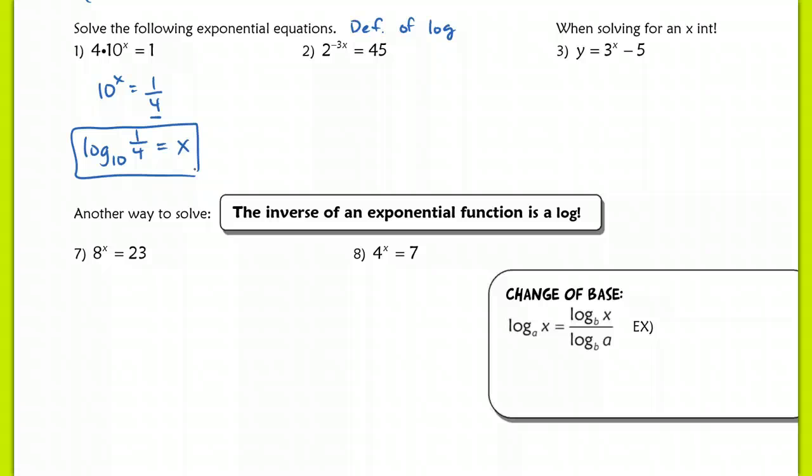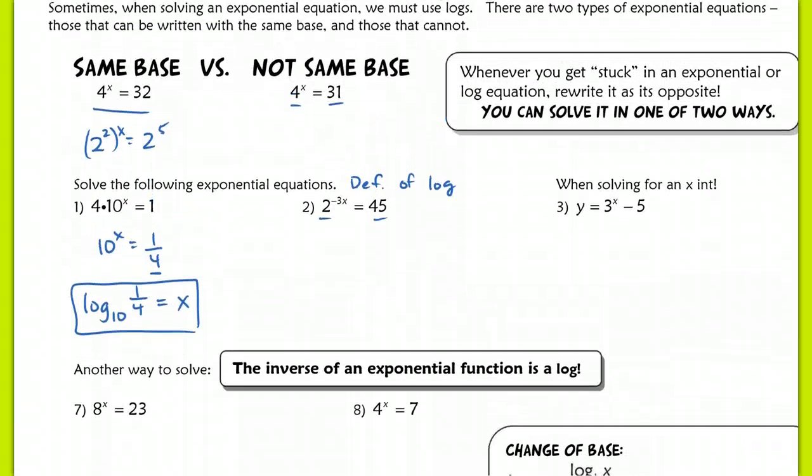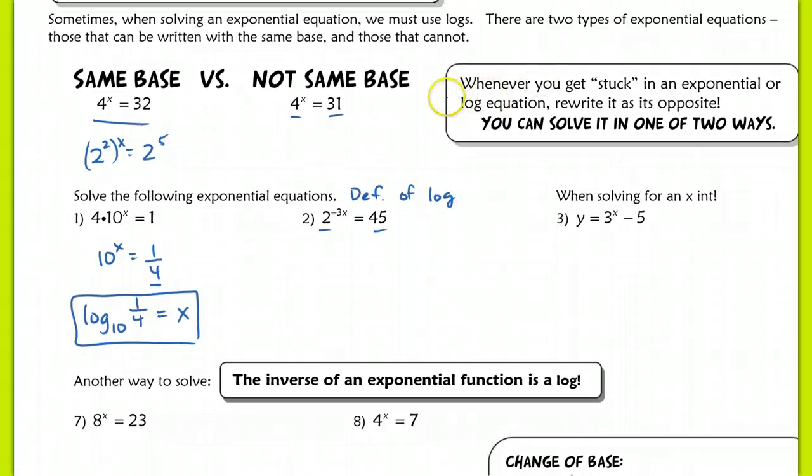In number 2, again, I cannot rewrite this with the same base. Now, if I want to isolate the x, I'm going to rewrite this. Anytime you get stuck in an exponential equation, just rewrite it as a log, and vice versa. If you get stuck in a log equation, rewrite it as an exponential equation.